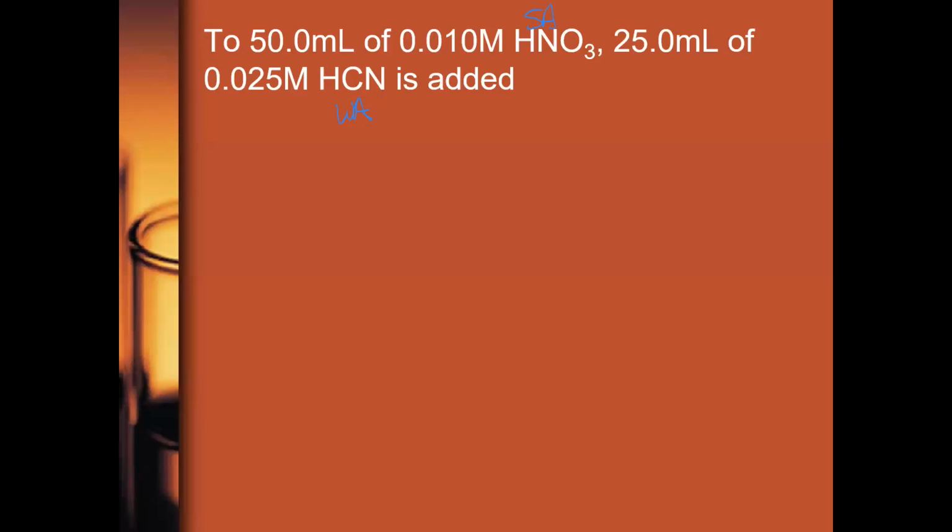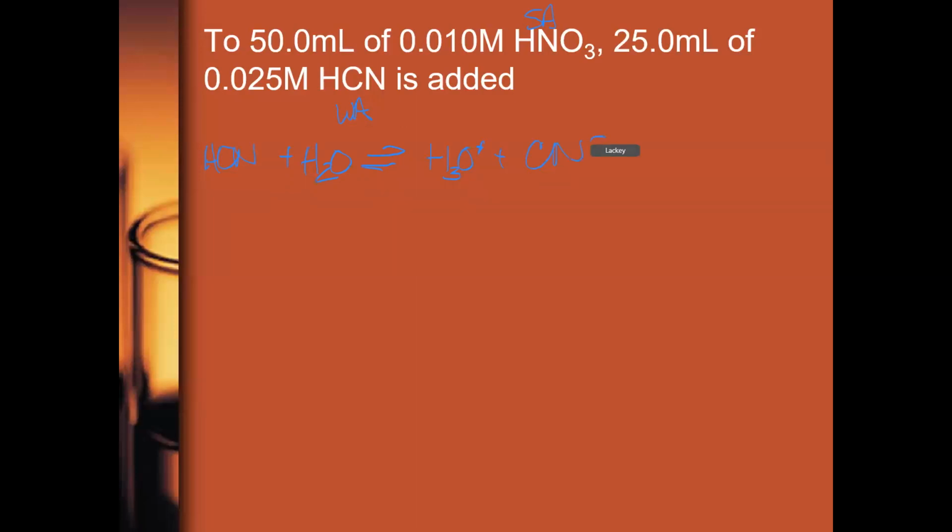Remember, we have to use the Ka and look at how much of it ionizes. So I'm going to deal with the hydrocyanic acid first. So HCN, remember, whenever it is added to water, is going to be an equilibrium system producing the hydronium ion and the cyanide ion.